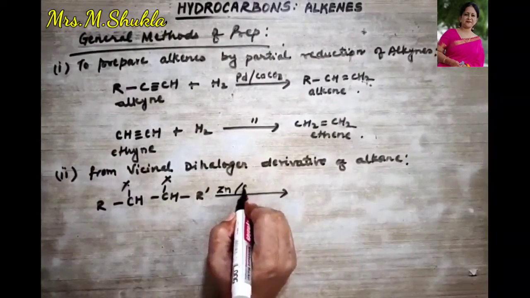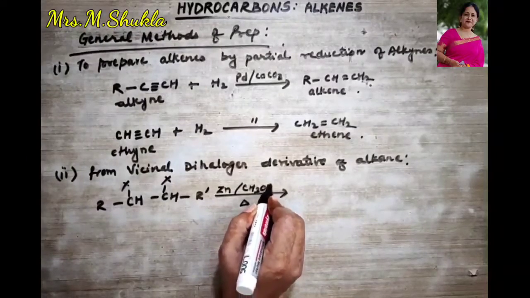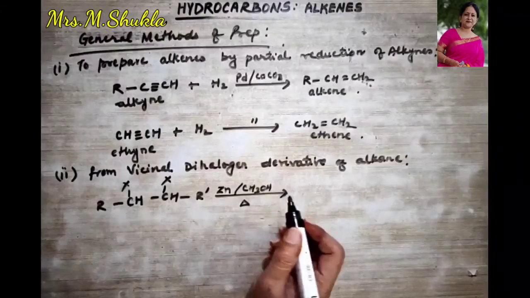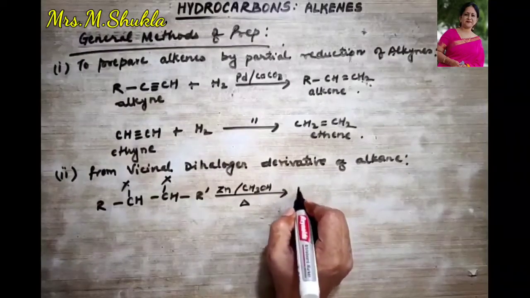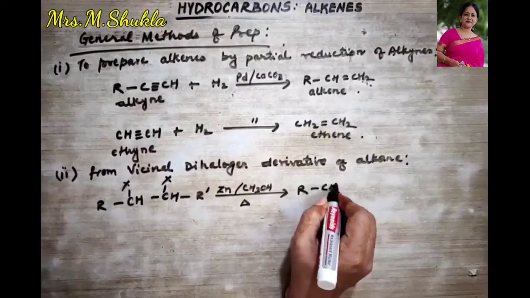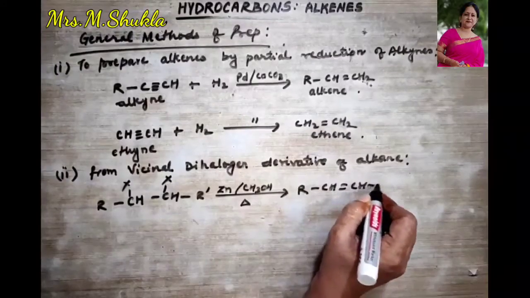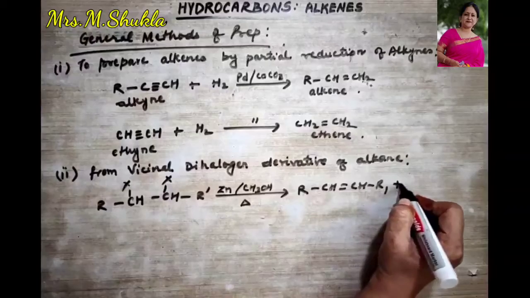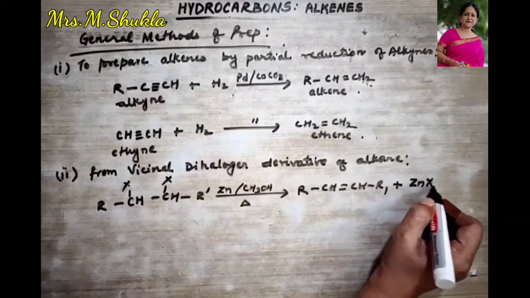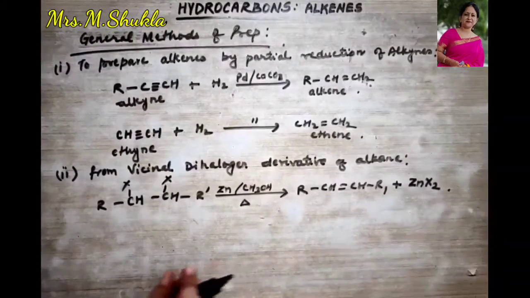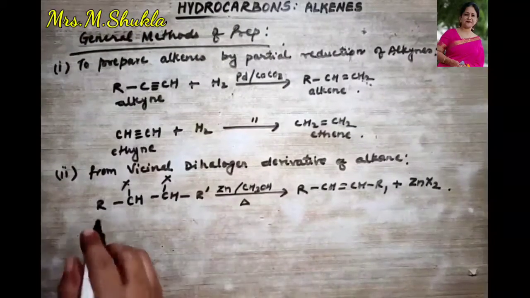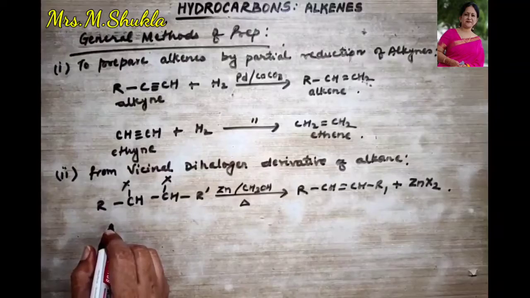Granulated zinc in the presence of alcohol. Which alcohol did I say? Methanol. Then we are going to obtain alkene, that is R CH double bond CH R dash, plus we are also going to get another halide.